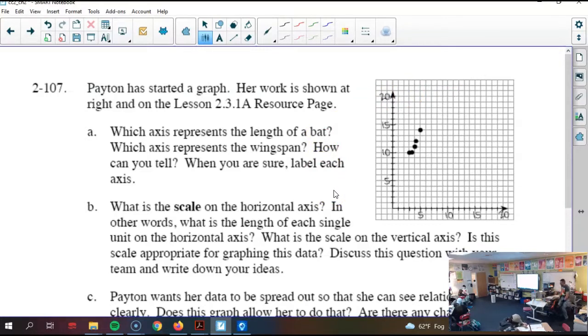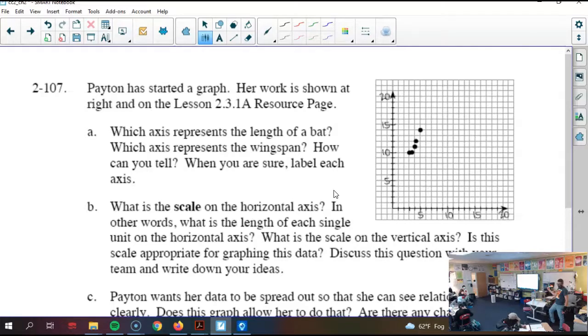So if this is how Peyton graphed it, it's missing something. Not only did the printer not print out the axes very well, what is this graph missing for us to actually be able to use it? Labels, right?